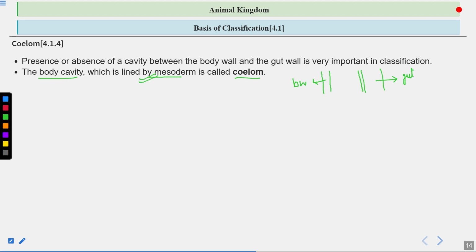This is the wall of the gut. GW means gut wall. Now there is a cavity in between this. And if this cavity is lined by the mesoderm, the body wall inner lining is of mesoderm, and here the gut wall lining is also made up of mesoderm, then it is called coelom or the true body cavity.